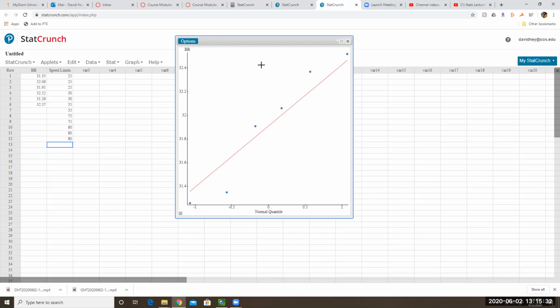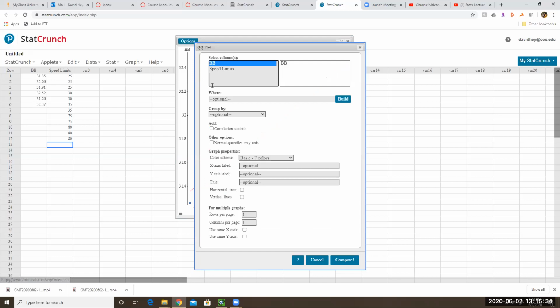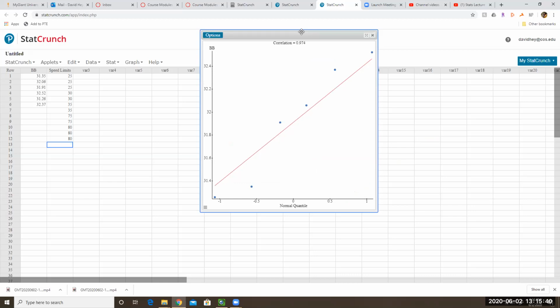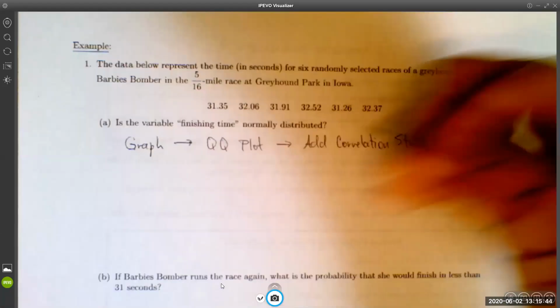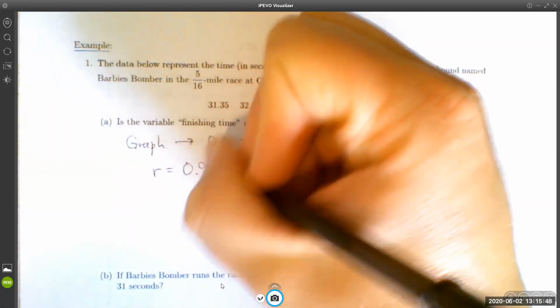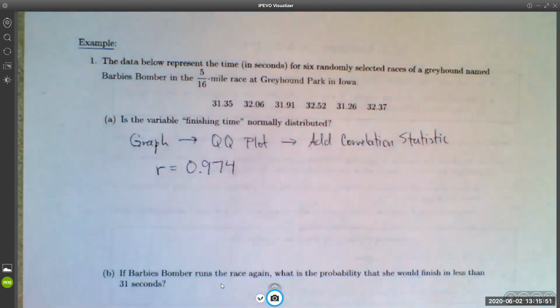So make sure that you click on this box right here. I'm getting a correlation of 0.974. So going back, we can write that down: r is equal to 0.974. Now we want to know if that's good enough.